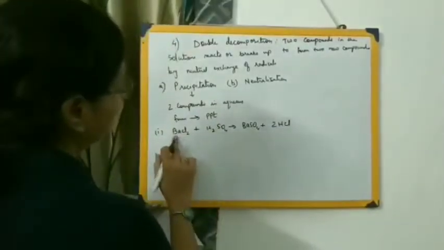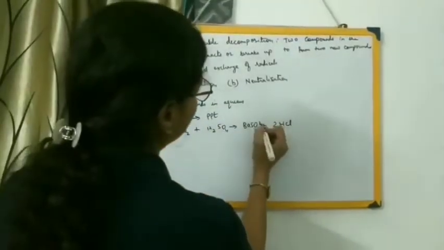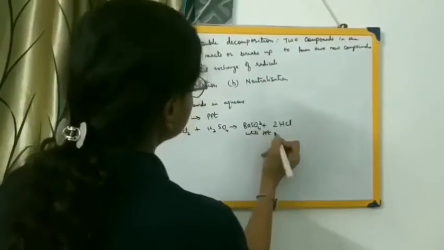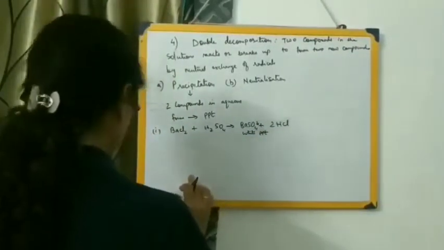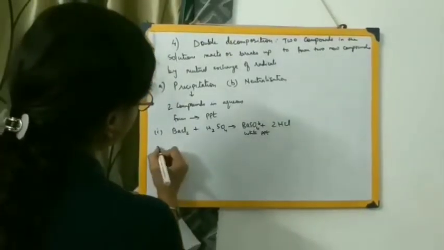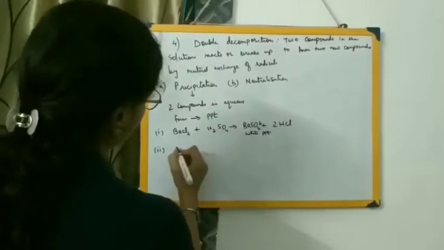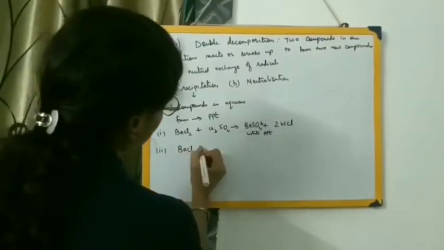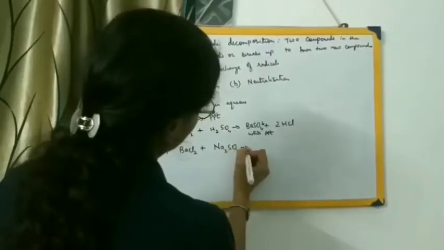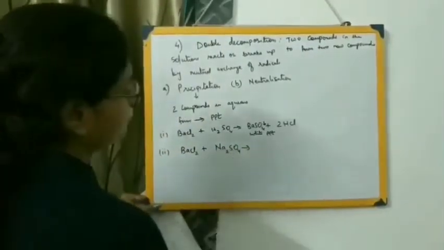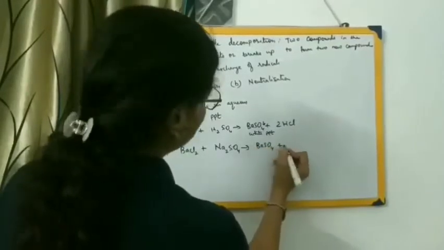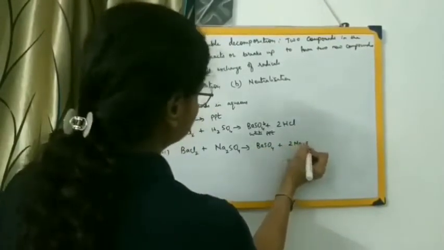So barium chloride with sulfuric acid forms a white precipitate, white PPT of barium sulfate, along with 2HCl, that is 2 molecules of hydrochloric acid. A similar reaction: barium chloride with, instead of sulfuric acid, sodium sulfate, Na2SO4. What will be the product? Again, barium sulfate plus 2NaCl.